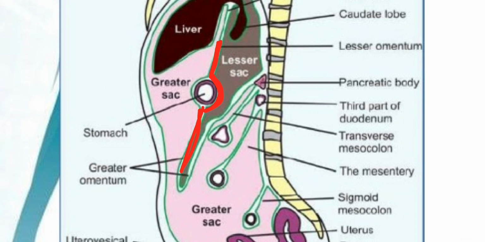Coming to the posterior relations, the last two layers of the greater omentum, transverse mesocolon and duodenum. You can differentiate it here. This is the lesser sac, with its anterior and posterior relations.